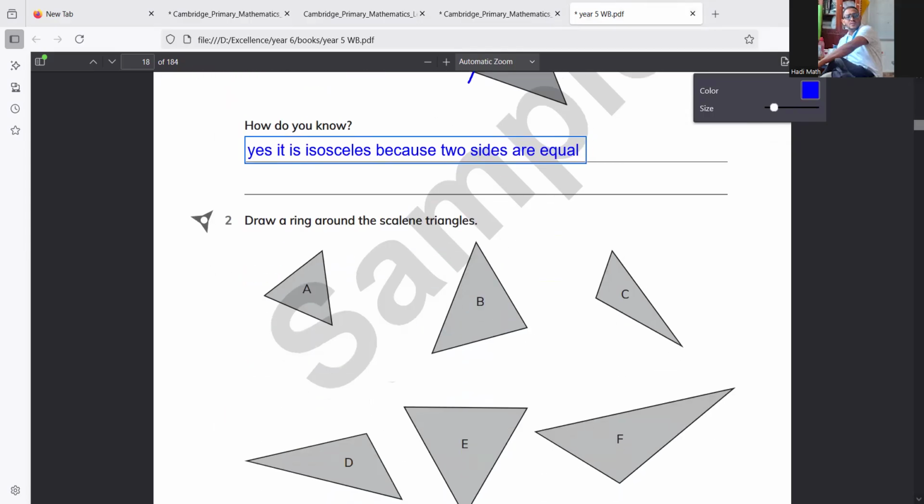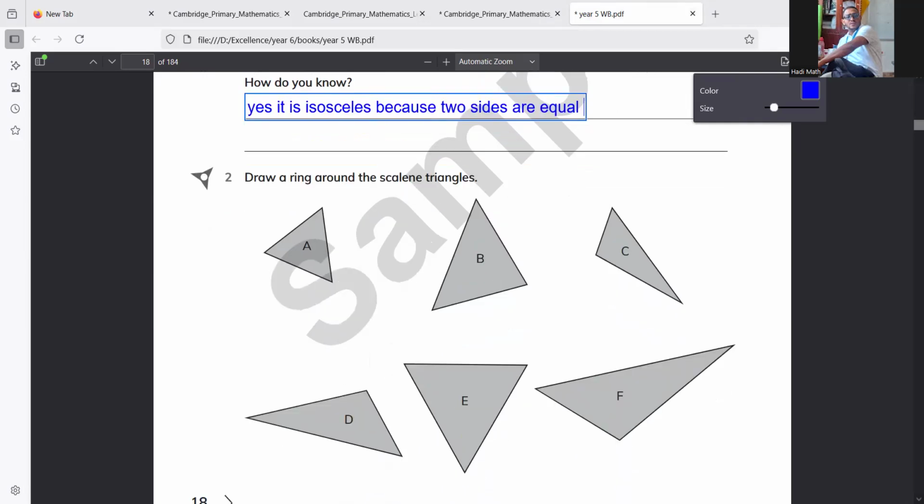Let's go to question number C. They said draw a ring around the scalene triangle. We know a scalene triangle. What is it? Before you go, you need to know the types of triangles according to their sides. We have equilateral. You need to know how to pronounce it. Equilateral.